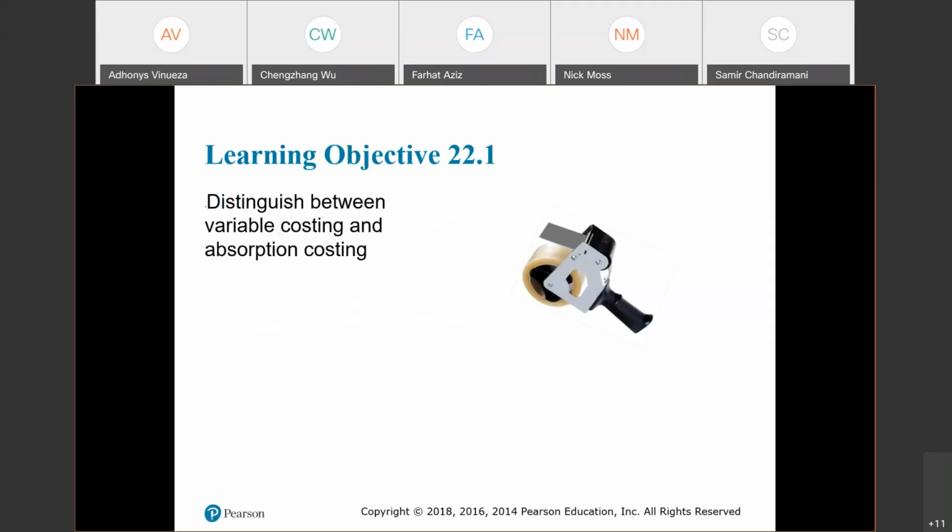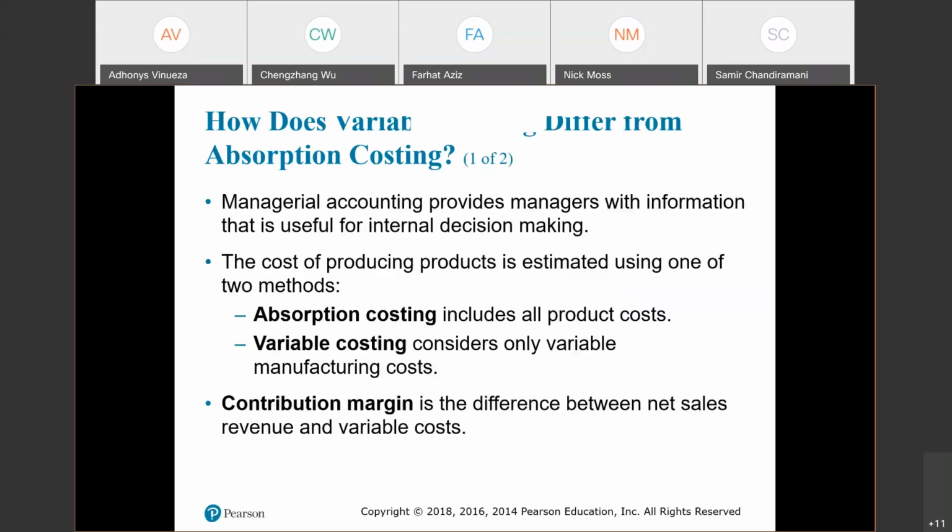First of all, let's see what's the difference between variable costing and absorption costing. Up to this point, we have illustrated the use of absorption costing when determining cost of product. Well, absorption costing considers three parts.